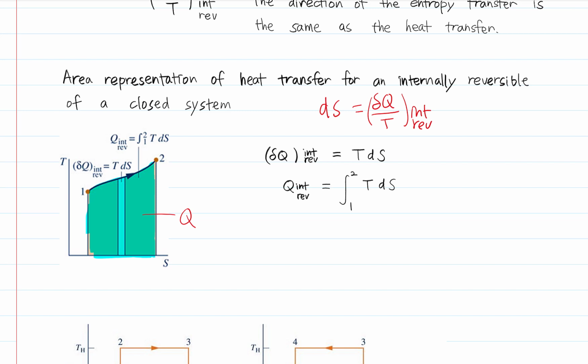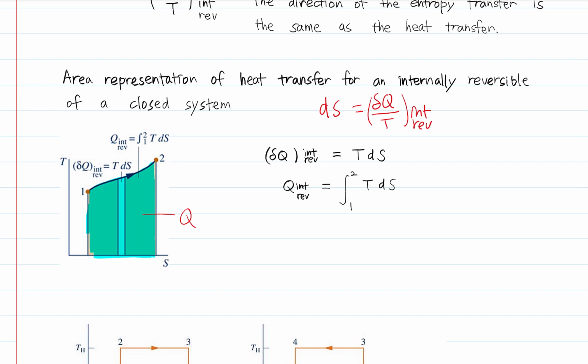Heat transfer to a system is accompanied by entropy transfer. The sign of entropy transfer is the same as the sign of heat transfer. When heat is transferred from the surrounding to the system, Q is positive, so entropy transfer is also positive.